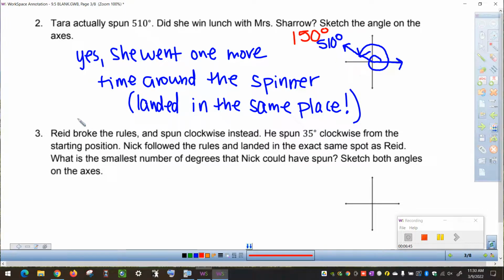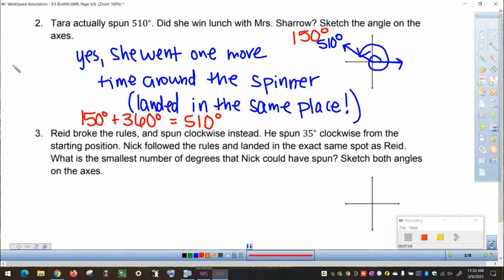So let's notice here that the original position label of 150, all we had to do is just add 360 degrees to end up in the same position.